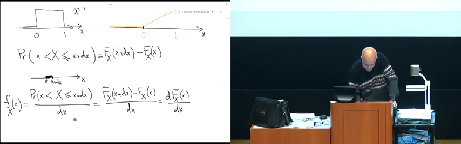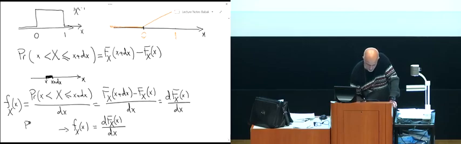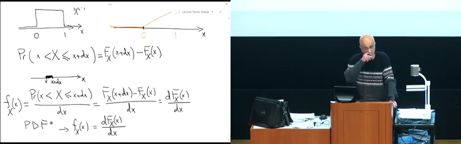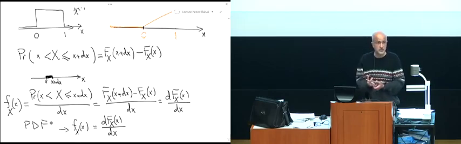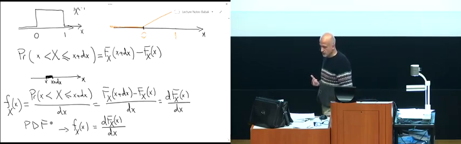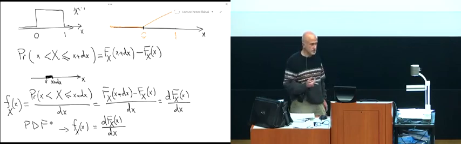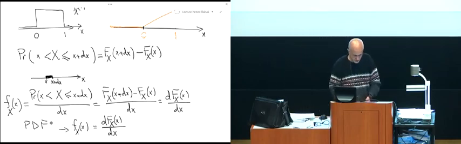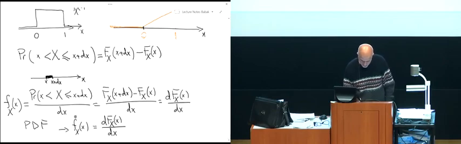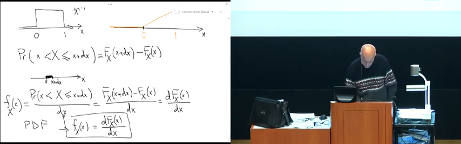So this nice relationship exists with the PDF, the probability density function: how much probability is concentrated per unit length, or per unit of the random variable in question, whatever that unit is. So this is one way to look at the relationship.